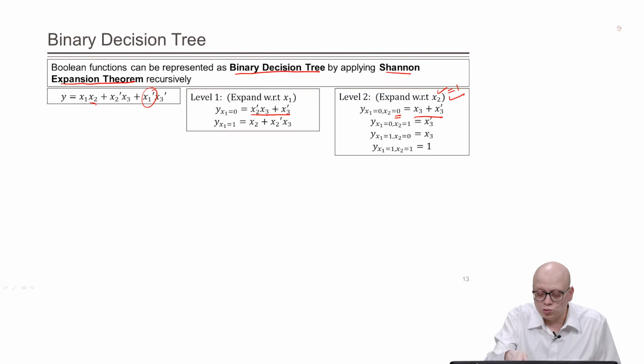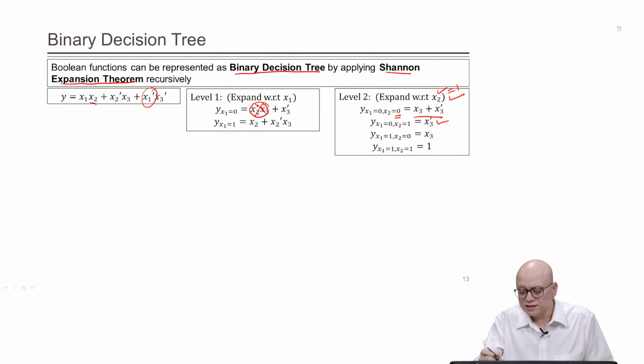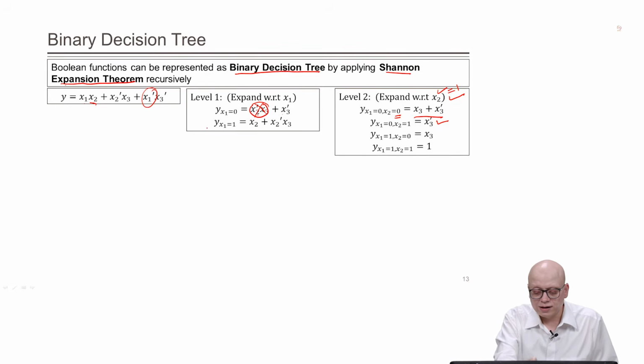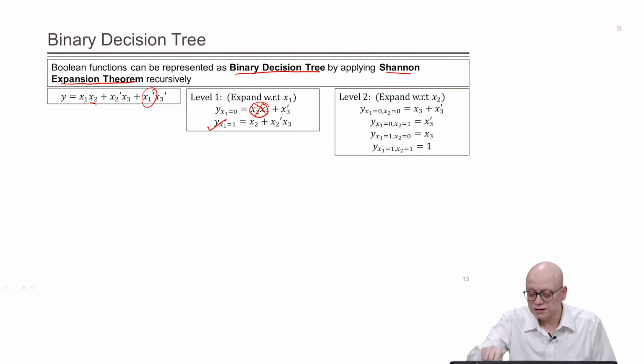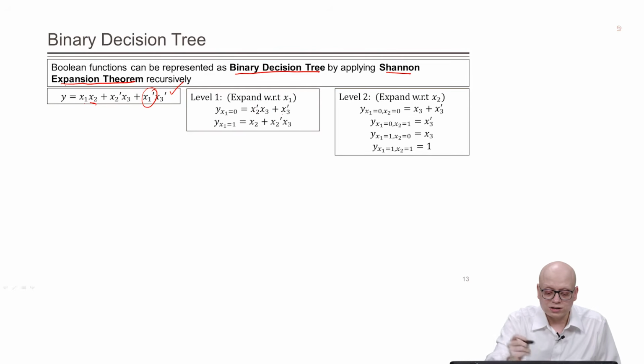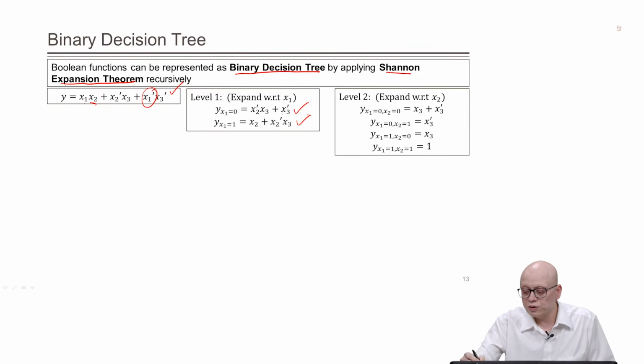Now this x2 bar becomes 0, this term goes away, and we are left with x3 bar. Similarly, we carry out expansion for the other sub function and we get two more sub functions by Shannon expansion. Initially we started with one function, we got two sub functions, and now we have 4 sub functions. Now we again expand with respect to x3.